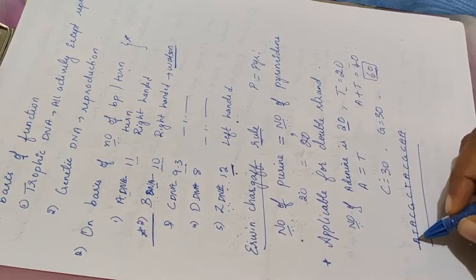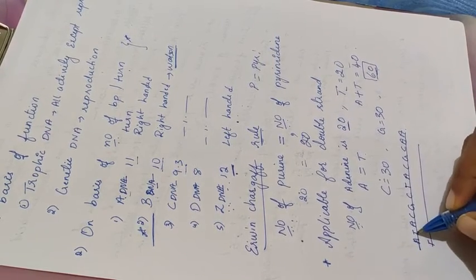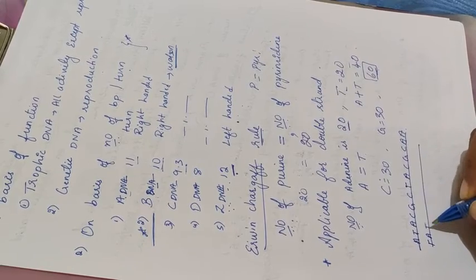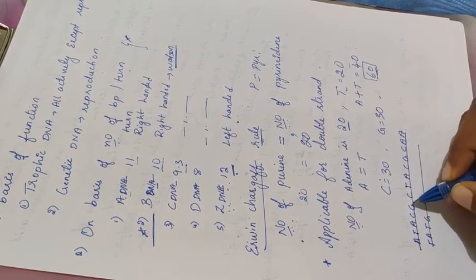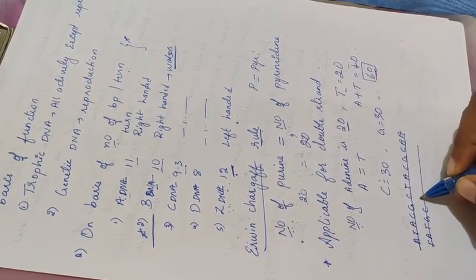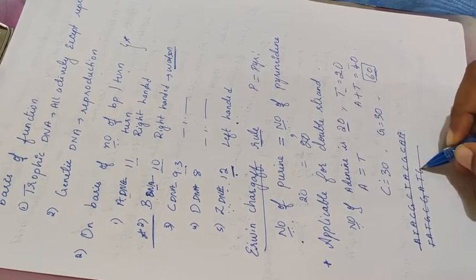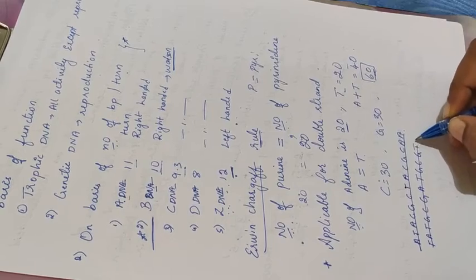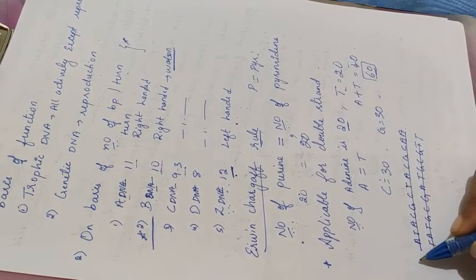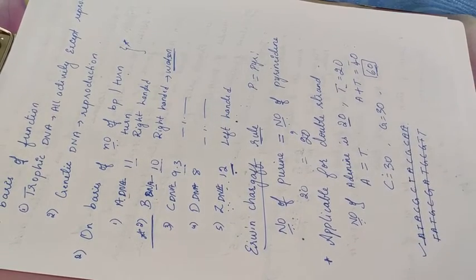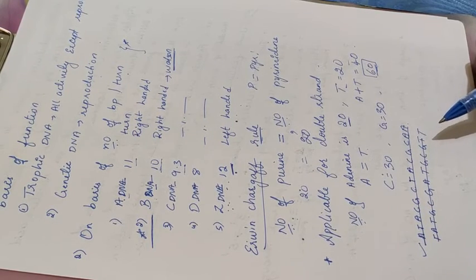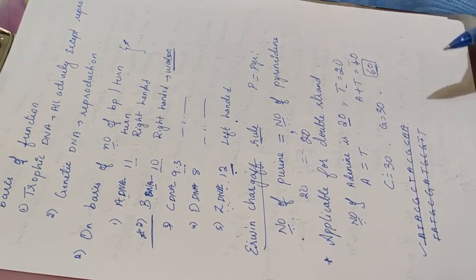How? Because A always pairs with T, T with A, C with G, G with C. Like this, if you get one sequence, you can calculate the other strand sequence. Am I clear?